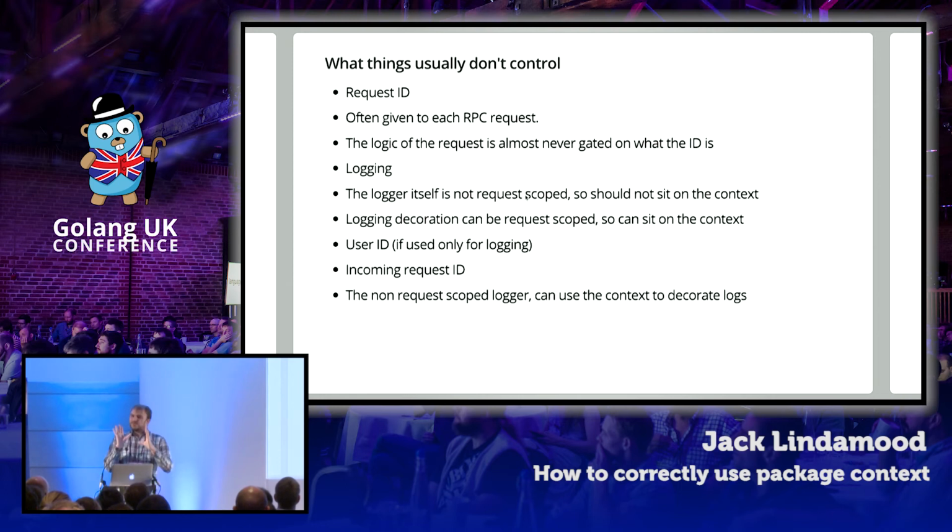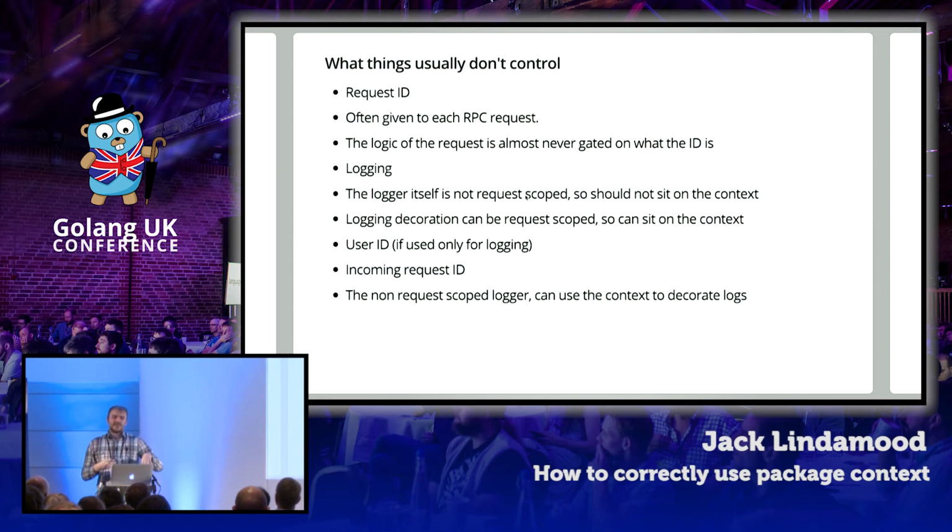Logging is usually not documented in your API. It's an extra thing where you say there's logging, but you don't document when and where you log. Usually you don't do that, so it fits in. What I would recommend is that rather than attaching the logger to the context, attach metadata to the context and have your logger extract that metadata from the context.